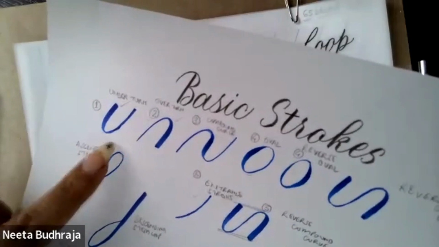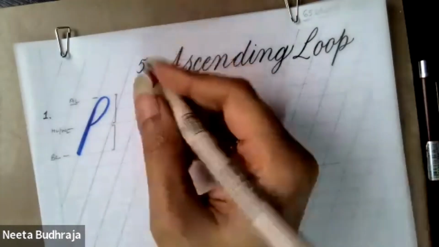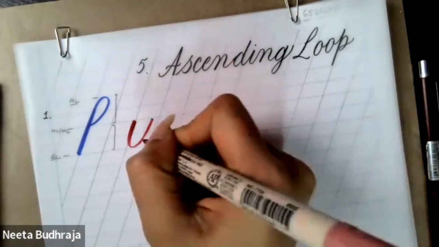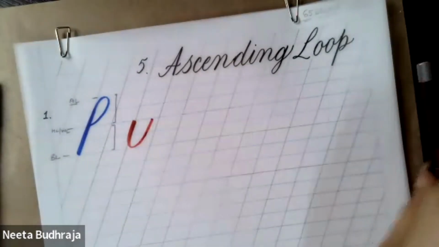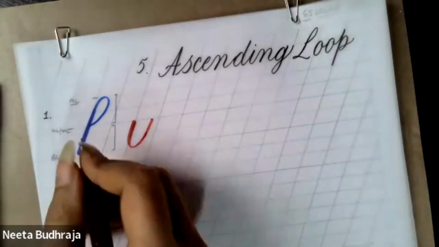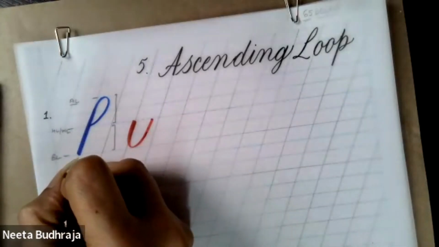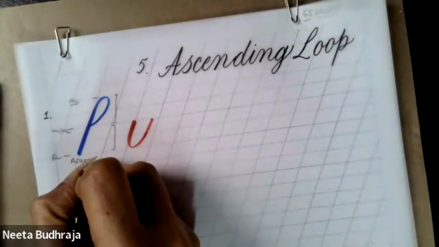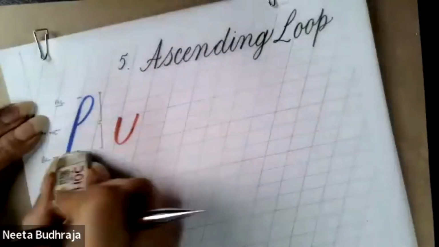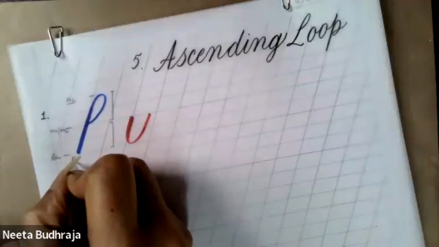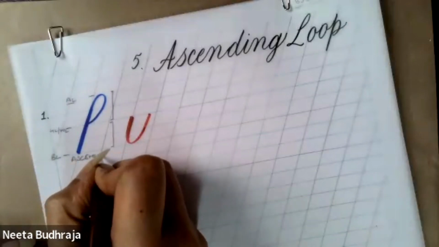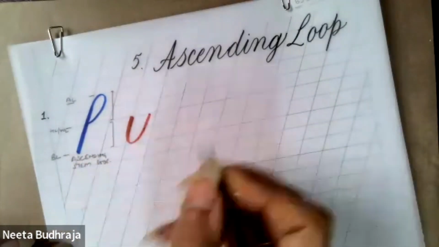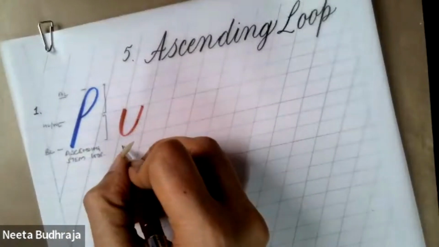So we are starting with our underturn. This is our underturn. Let's label each stroke. This is my ascending loop. Let me write in capital letters so that it's visible. Ascending stem loop. And this is our underturn.